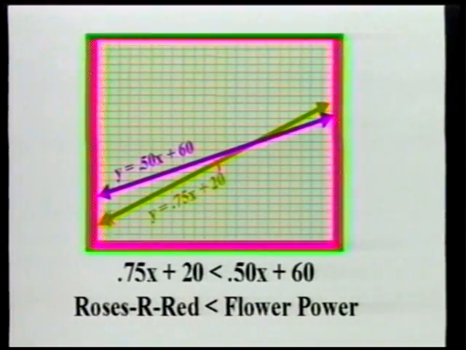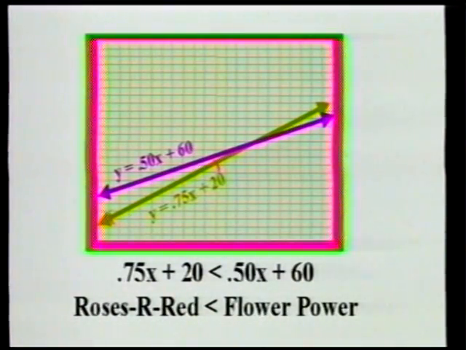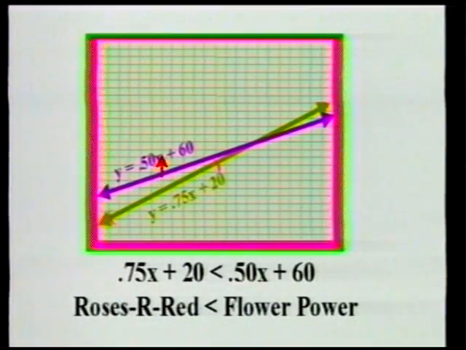On the screen, you see a representation of the graph for Roses Are Red and Flower Power. We've got the function for Roses Are Red being less than the function for Flower Power in this picture. This represents the fact that from 0 flowers to 160 flowers, Roses Are Red will clearly be the better choice.